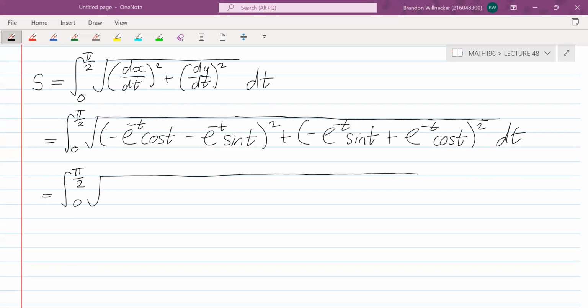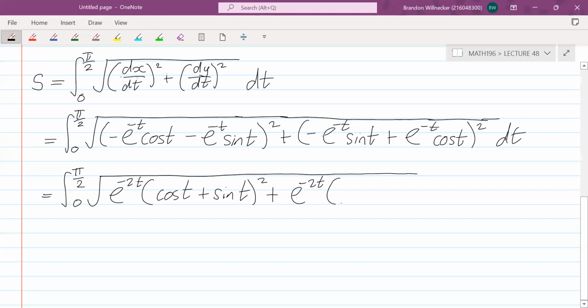So it's going to be e to the minus 2t, because we're squaring it, and then inside we have cos t plus sin t, squared. Plus, for the next bracket, we can take out a factor of e to the minus t. Remember, it's squared, so we have e to the minus 2t times minus sin t plus cos t, all of that squared.